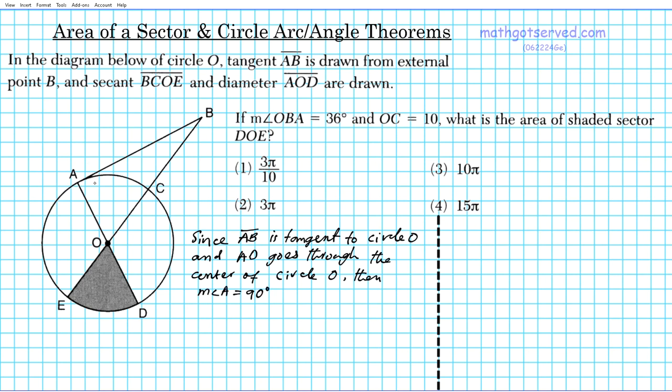Bam, so this is 90 degrees right here. We're also told that OBA is 36 degrees. So this is 36 degrees.